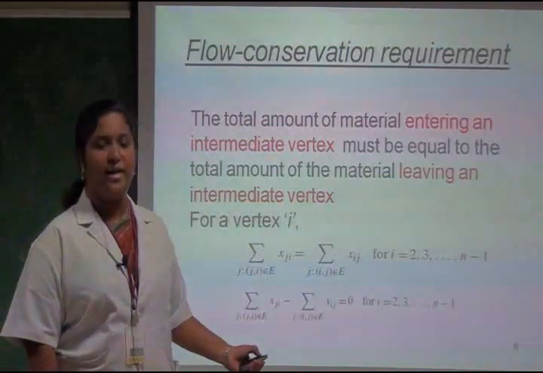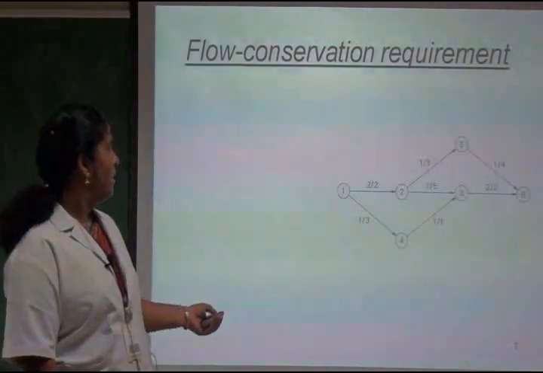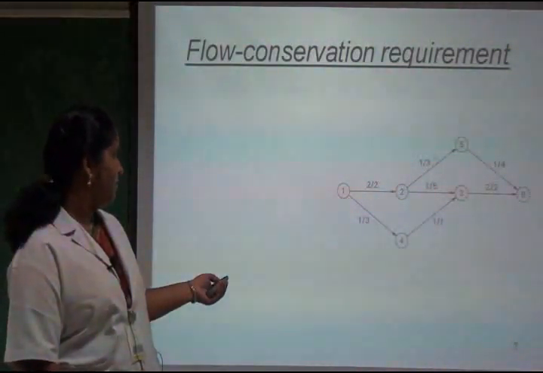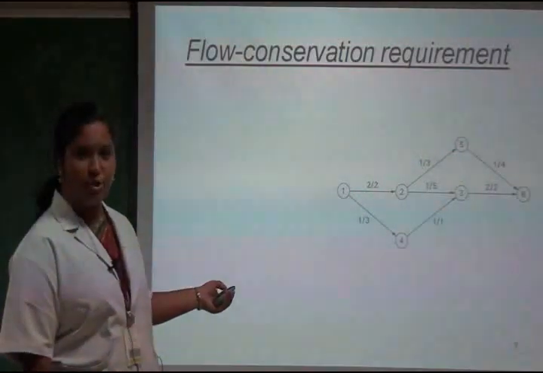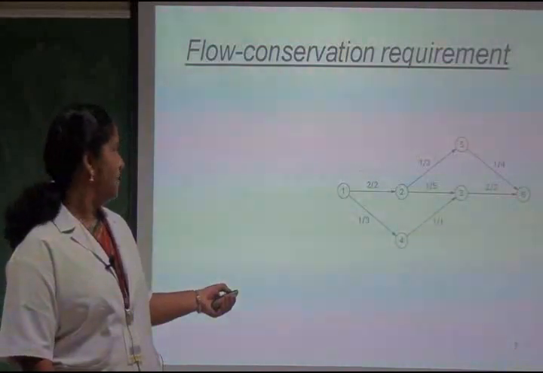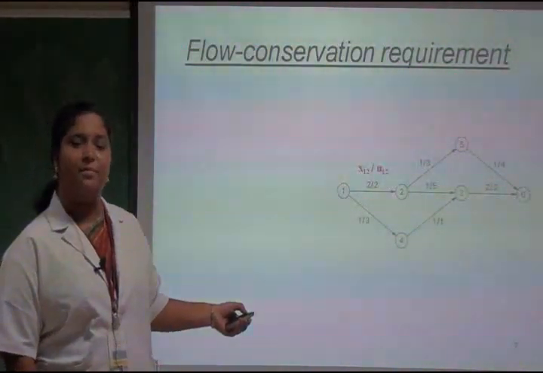So let me discuss one example for this. Again consider the same graph. If you look at this, for every edge we are having two numbers. For example, if you consider the first edge (1, 2), you are having a number representation as 2 by 2. The first number represents the x value and the second number represents the u value.